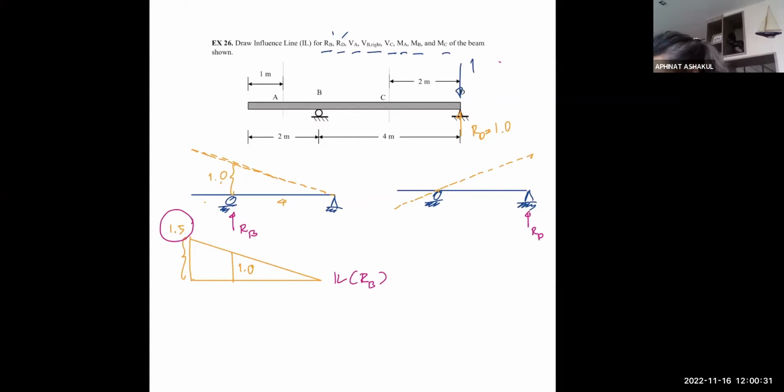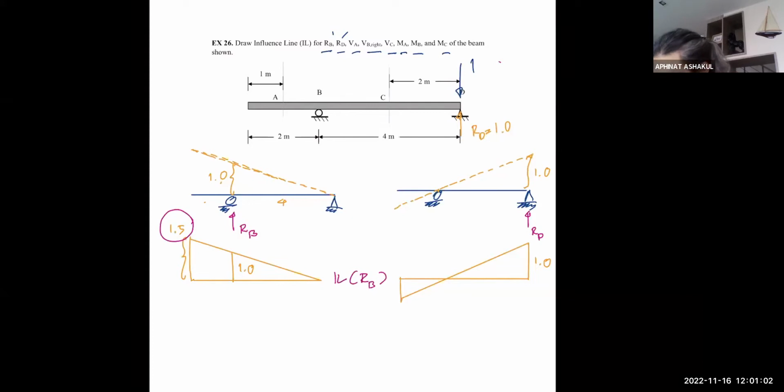So with that, we know the magnitude here is 1. And I can easily write my influence line of RD now. It's going to look something like that. That is 1.